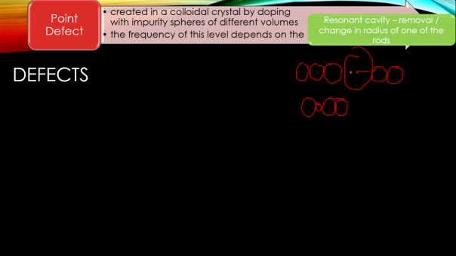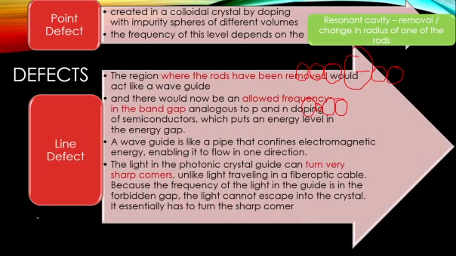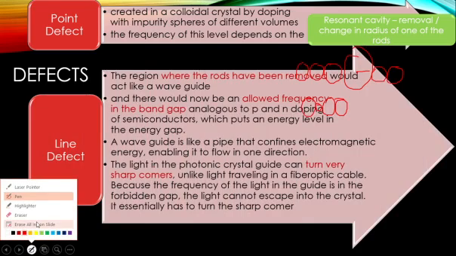Such a point defect is called a resonant cavity, which is formed by removal or change in radius of one of the rods. And another one is the line defect. Line defect means we are removing one line of rods.